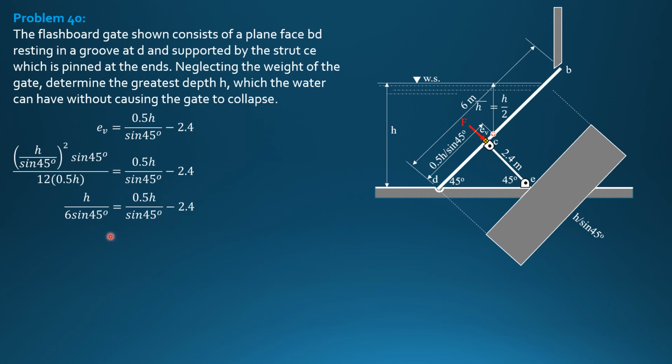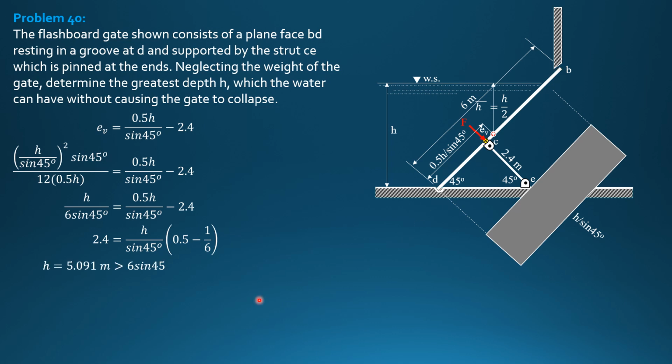So 2.4 on the left equals h over sine 45 times the quantity 0.5 minus 1/6. So we can now solve for h. Then let's compare h with the vertical height of water if the water level is at B, which is 6 sine 45. If this is correct, h is below B.